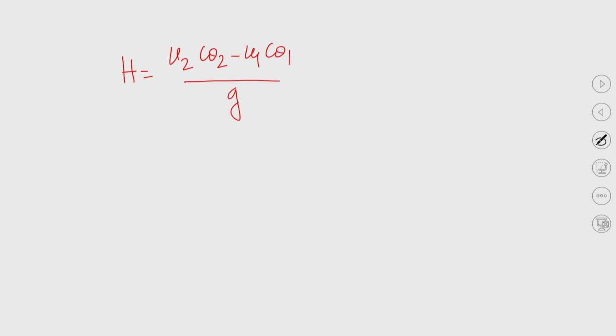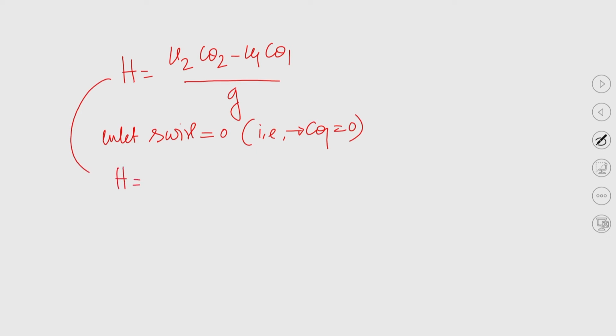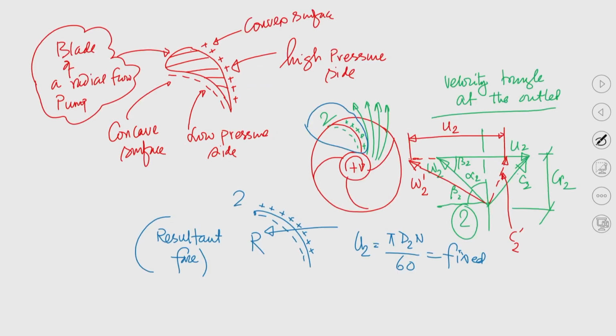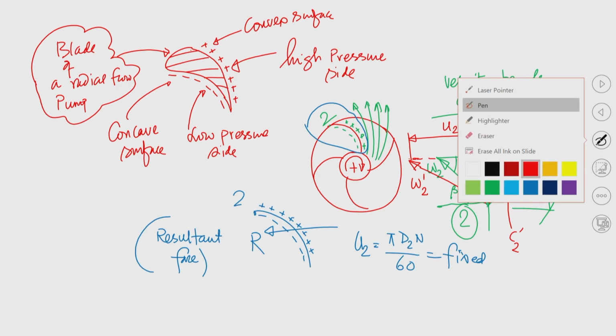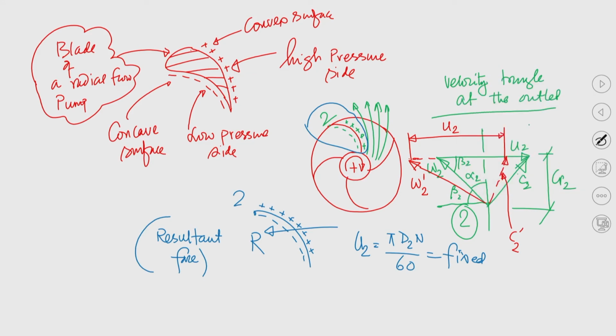Now, if we consider that the inlet swirl is 0, that is C theta 1 equal to 0, in that case the head developed by the pump can be written as U2 C theta 2 by g. Now, you can understand this C theta 2 earlier, this is the C theta 2.